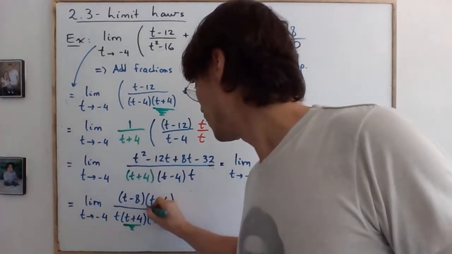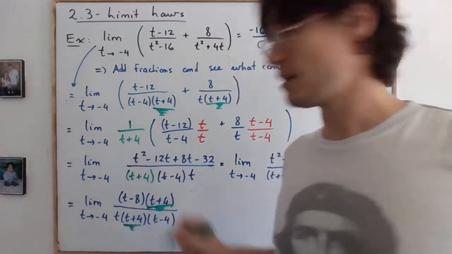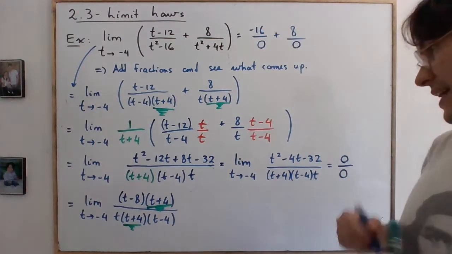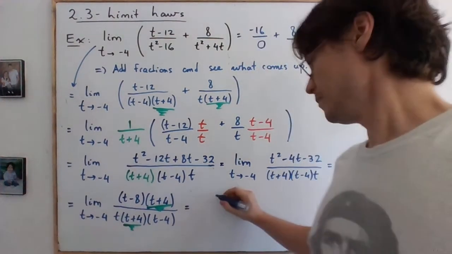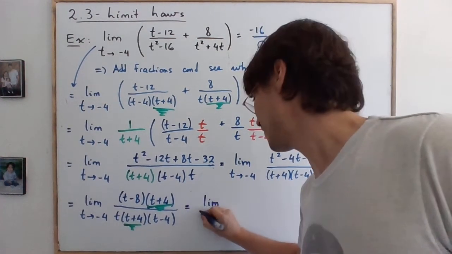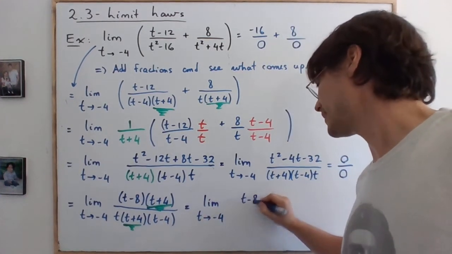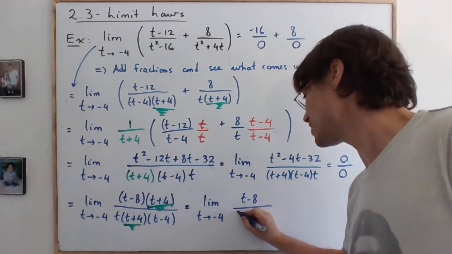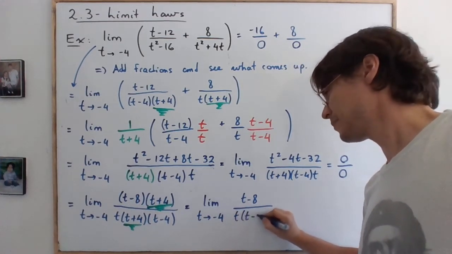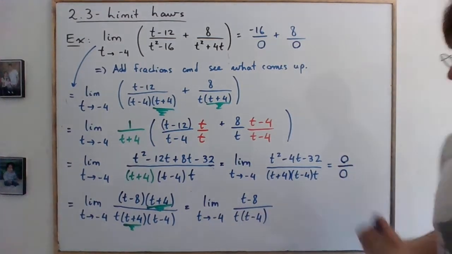And there we go. We have the redundant factor, t plus 4. So we cancel it. I'll just write the limit before direct substitution because I don't like displaying too many steps on the board.